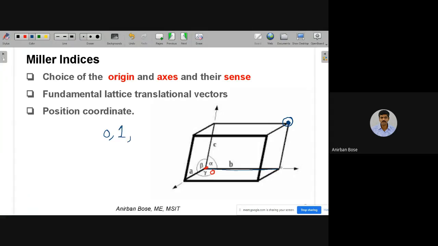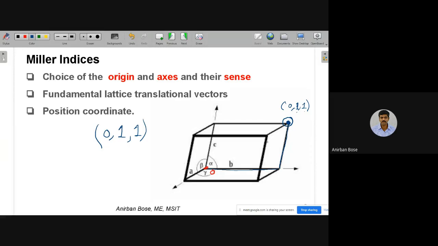And along the C direction, it has moved a unit length, so it is 1. So the coordinate of that point is 0, 1, 1. Okay. But remember, the most important point, this one and this one are actually different. This is the underlying concept that you have to always remember.